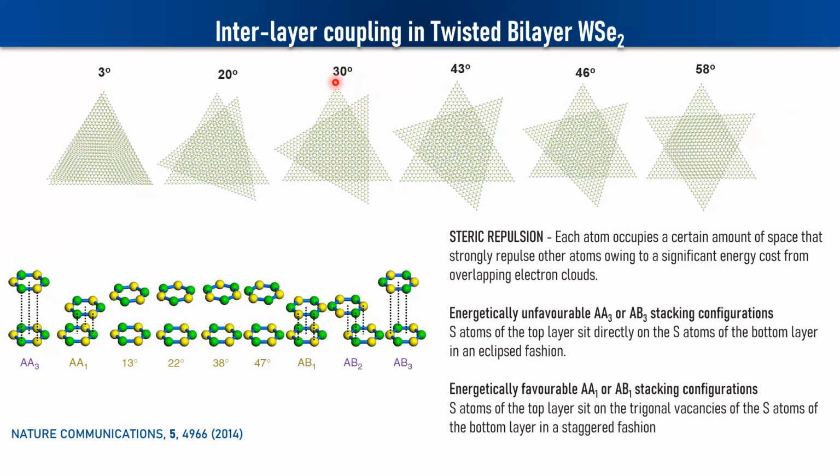So using this, what we can see is, whenever you are having this kind of twisting, the interlayer coupling is significantly disturbed because of the steric repulsion. And along with the interlayer coupling, the hybridization of the orbitals in the two layers is also going away. As the distance between the atoms increases, the hybridization is also going to reduce. So because of this, you see that there is a crossover from an indirect to a direct band gap structure.